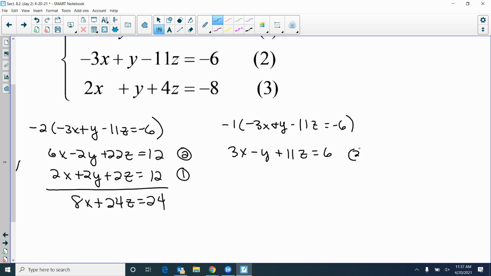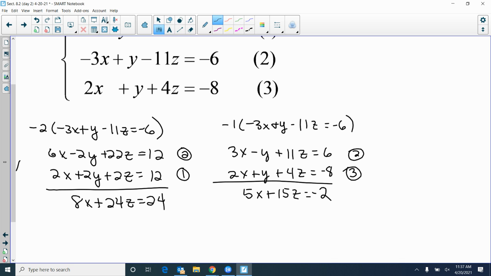So that's my new equation 2. Equation 3 is 2x plus y plus 4z equals -8. All right, add those together. 5x plus 15z equals -2. All right, did I do that? Please somebody double check me. Make sure. I'm good, Josh?